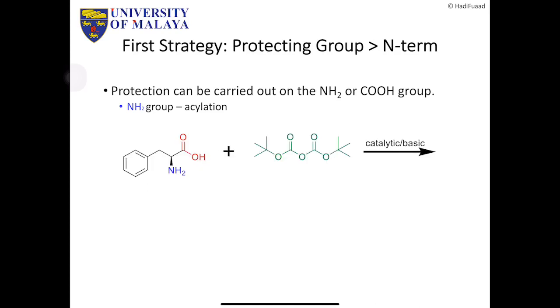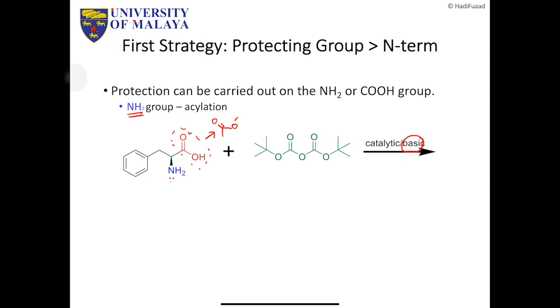So how does the reaction occur? Because you are aiming for a specific reaction with the amine group, you need to use a basic or basic catalytic environment. First off, you will deprotonate your carboxylic acid to become a carboxylate ion, which, if you recall, is non-reactive, while leaving the amine group intact.